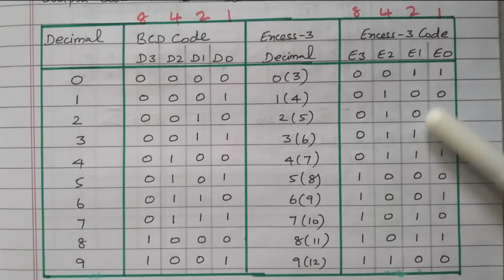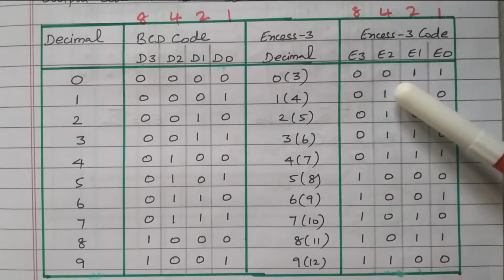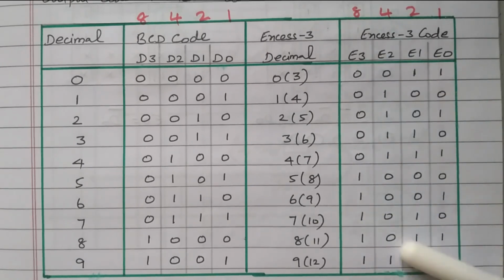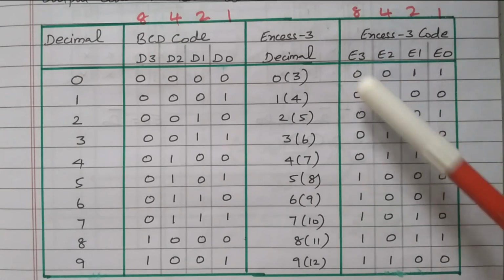In E1, 1, 2, 3, 4, here also 5 ones are available. In E2, 5 ones are available. E3, 5 ones. So everywhere 5 ones are available. These 5 ones are represented in the K map and we will get the simplified form of the Boolean function. That function can be implemented with the logic gates. So now we'll go to the Karnaugh map in order to get the simplified form of the Boolean function for E0, E1, E2 and E3.